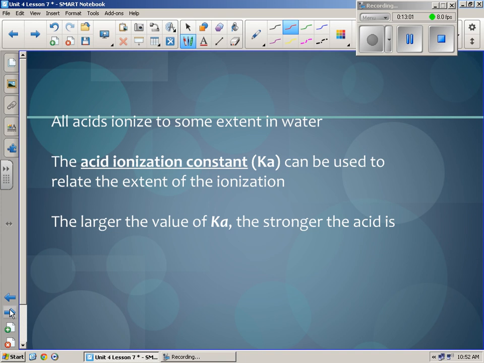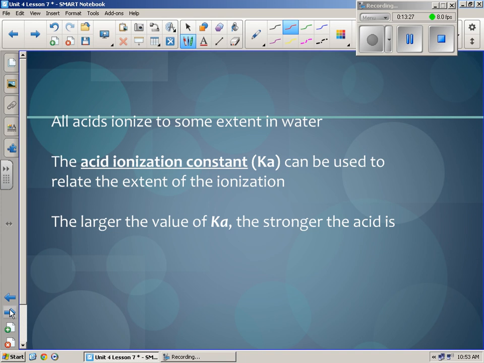So for all the acids that we go down here, the strongest base is in the bottom right, and we're going to work our way up to the weakest base. Because if the acid is very strong, the conjugate base has to be very weak, and vice versa. If the base is very strong, the acid that goes with it has to be pretty weak. Okay? They have to go in conjunction with each other.